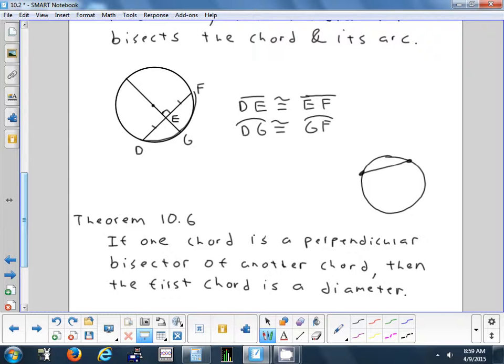It has to be the diameter. So let's say your midpoint is right there. I guarantee you, if you draw a segment through that point, it's going to have to be the diameter.